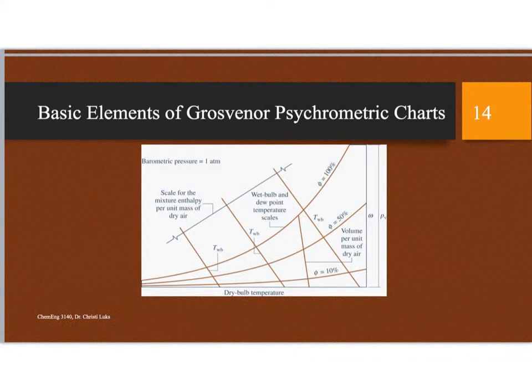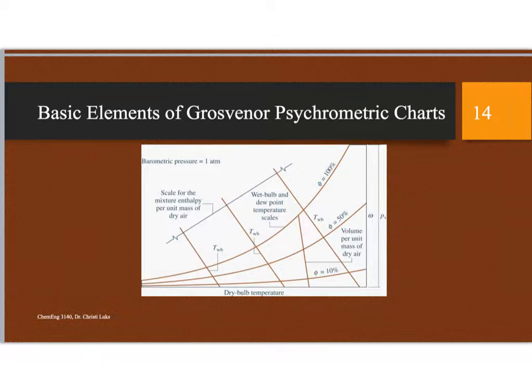This is the basic style of presenting this data. It's a psychrometric chart developed by someone named Grosvenor. And it has on here wet bulb and dry bulb temperatures. It has volumes. It has percent humidities, both absolute and relative humidity.